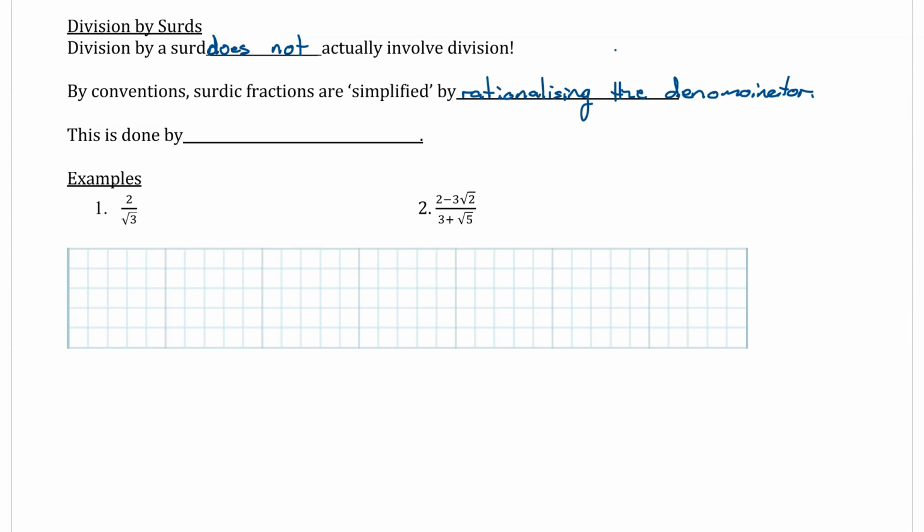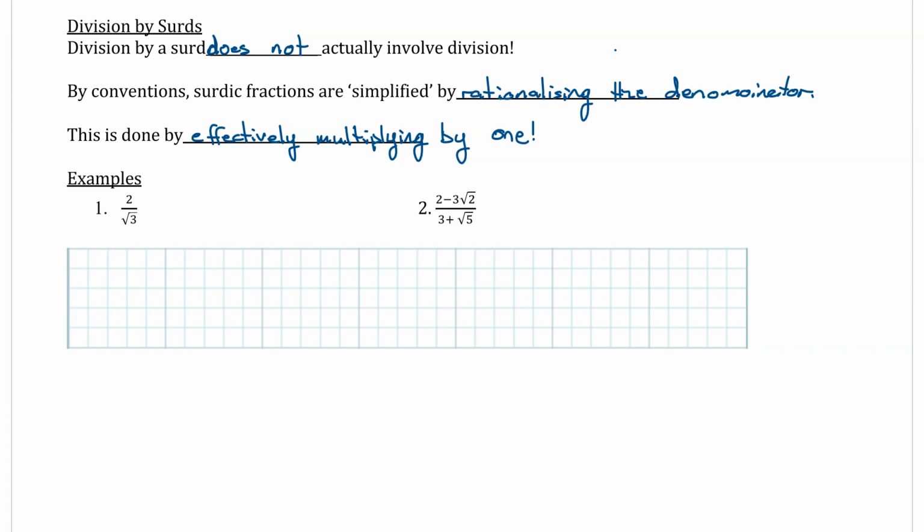The upstairs of a fraction is called the numerator and the downstairs is called the denominator. Now going on, this is done by effectively multiplying by 1.